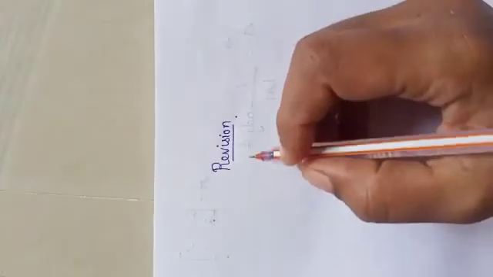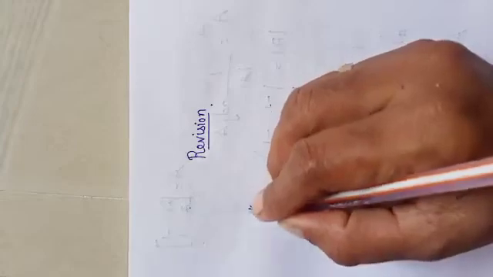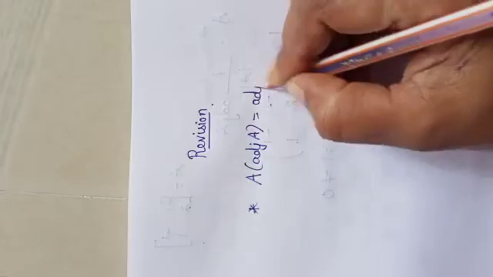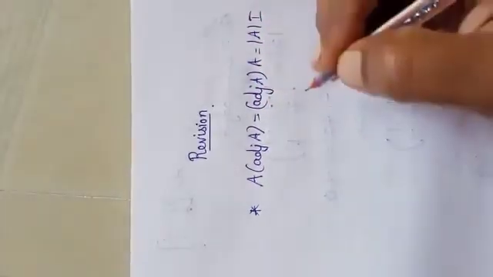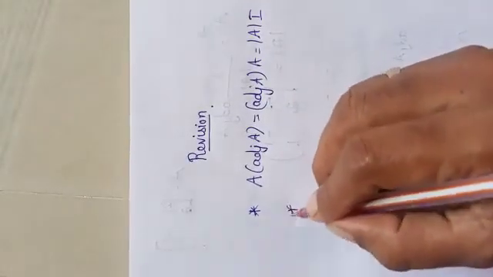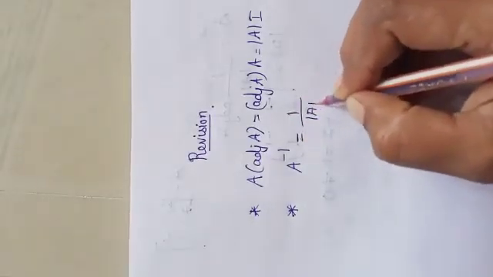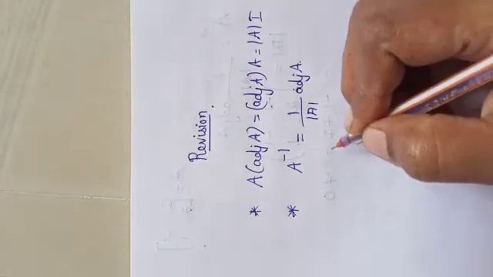Now shall we revise what we learned in the first exercise? Just recall it. What are the things we learned? Adjoint we learned. After learning adjoint, we proved that A into adj A is equal to adj A into A is equal to determinant A into I. From this we found out A inverse is equal to 1 by determinant A into adj A. Inverse we learned.